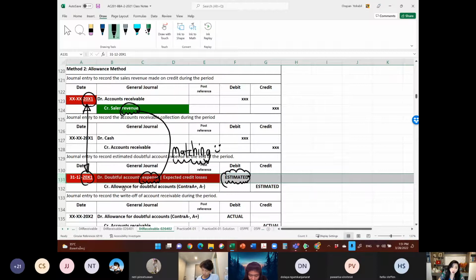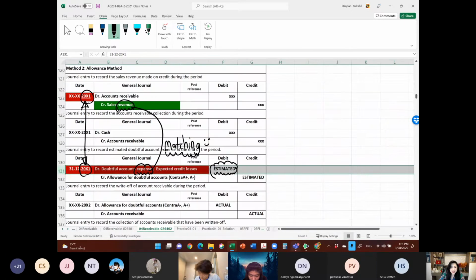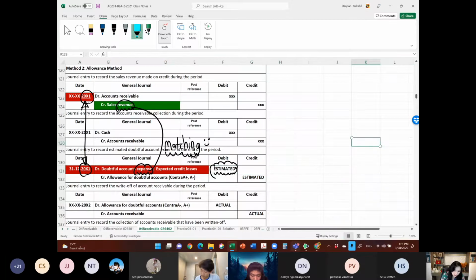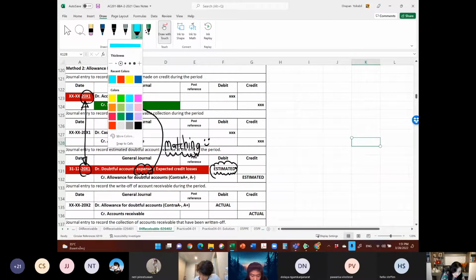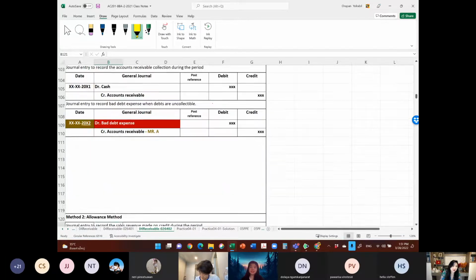So here we cannot wait until we know for sure that the customer will not be able to make the payment. That's the reason why this amount must be estimated, because you don't know the exact amount. We cannot wait until we know exactly, because if we wait, then we would have a mismatching problem, like in this case, right?